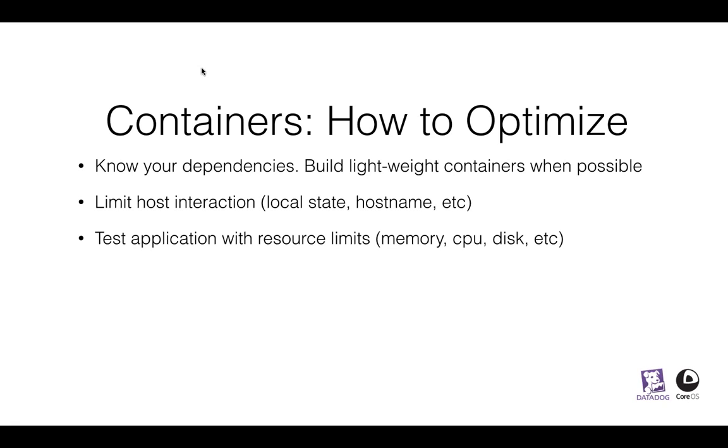And the next thing that you want to do when you're optimizing application containers, and we'll see later on in the demo, is test your application containers with resource limits. The key to running containers efficiently, especially in production, is that when you're deploying your containers, most of the tools that give you the ability to deploy a container allow you to specify resource limits.